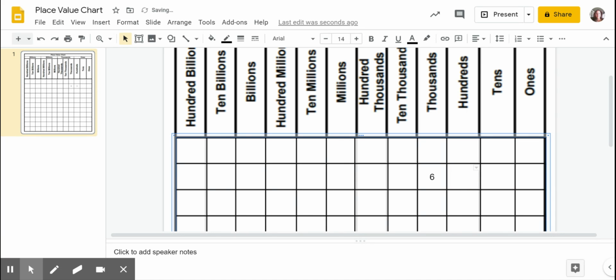All right. The first number we're going to write is 36,460. So I'm going to start here in the 10,000s place. The next number I'm going to write is 26,772.